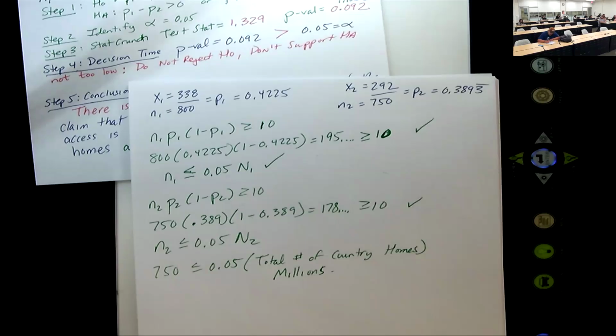Big N is the entire homes population, in this case, the country. Even if we went with the state, it's still less than that. If we went with Tulare County, I'm sure it's still less, but I'm less confident about the county, for sure about the state.